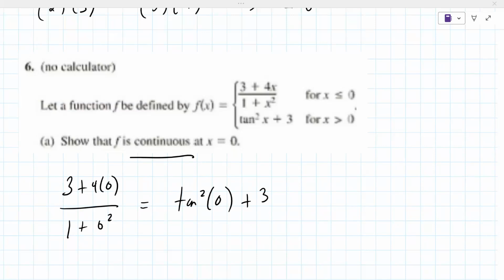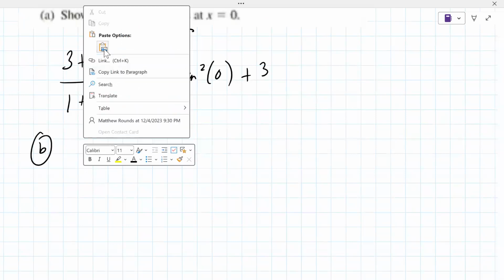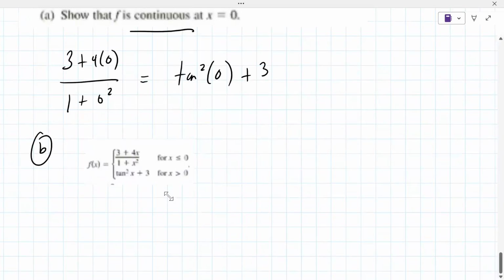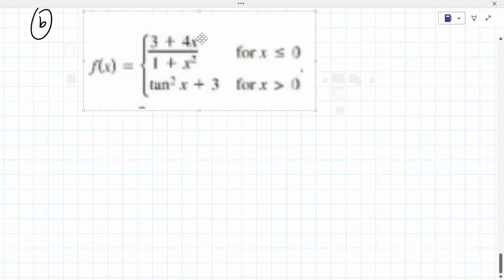So now part B is asking for a derivative. They sure didn't make it very easy on you. What's the derivative rule for the top one? What would you do here? Wait, what was the question asking for? The derivative?